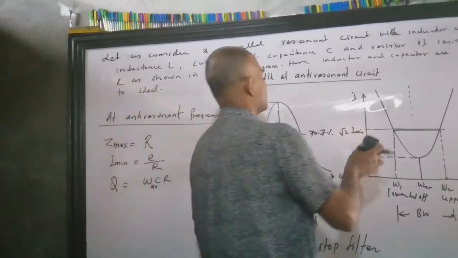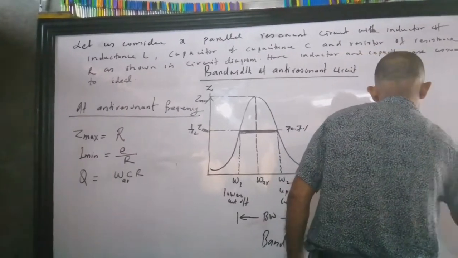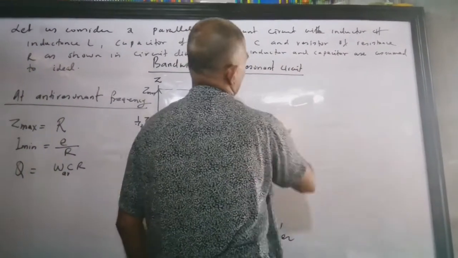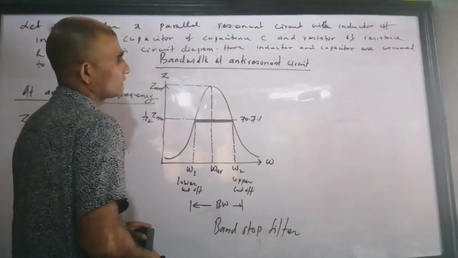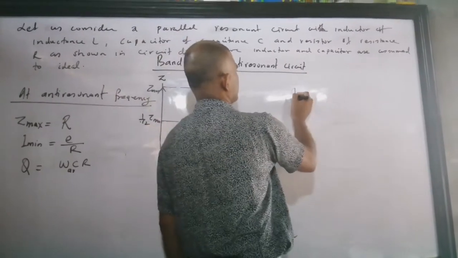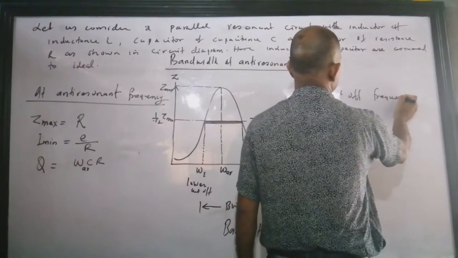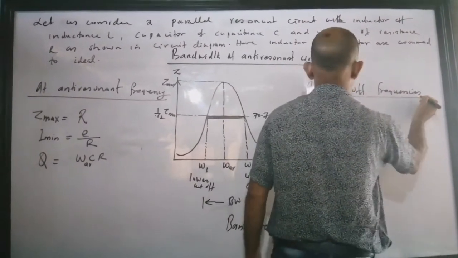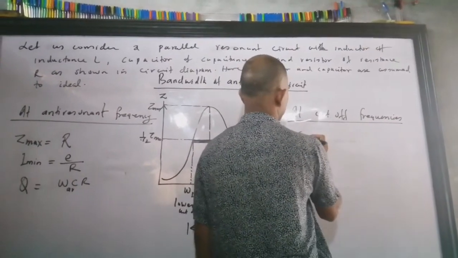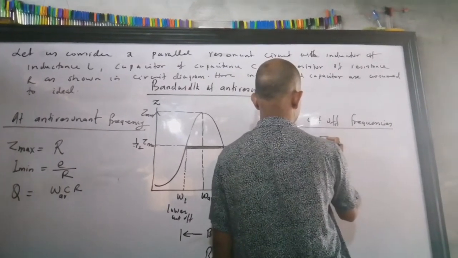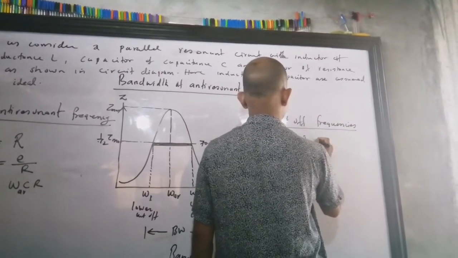We also know that at cutoff frequency, power in the LCR circuit becomes just half, which we may call the 3 dB frequency also. So at cutoff frequencies, the current in that circuit becomes root 2 times the minimum current.